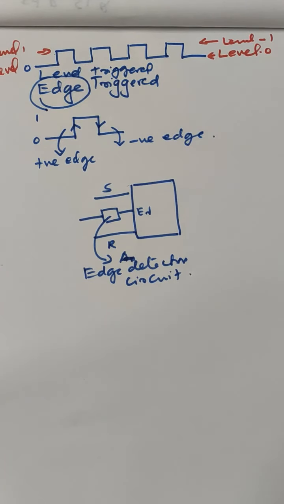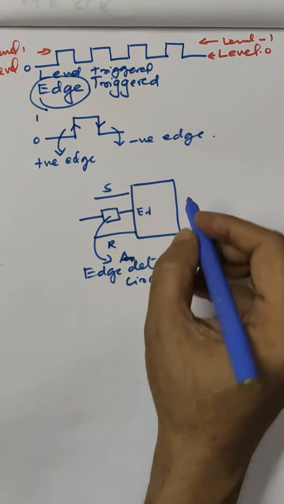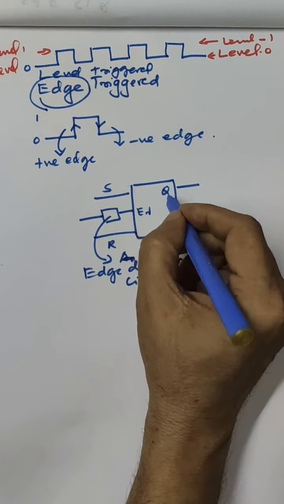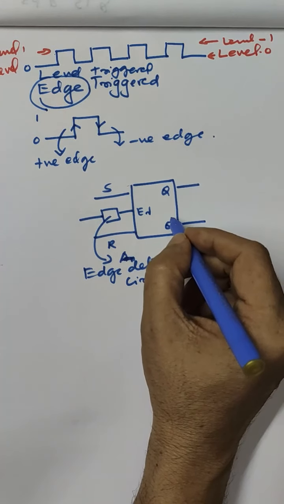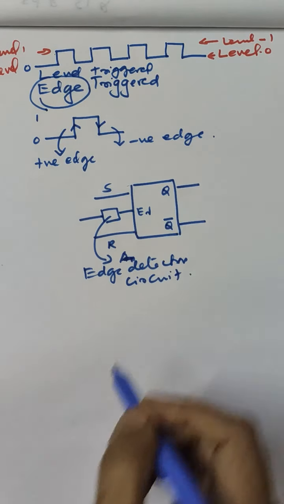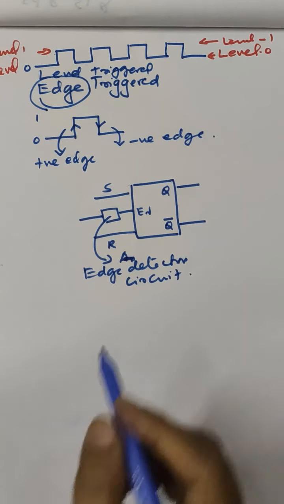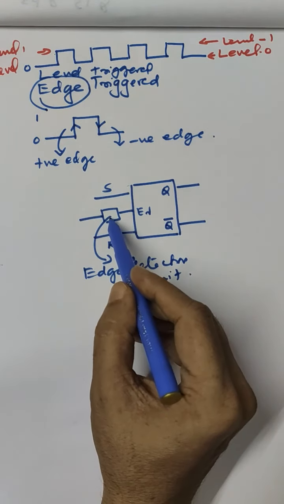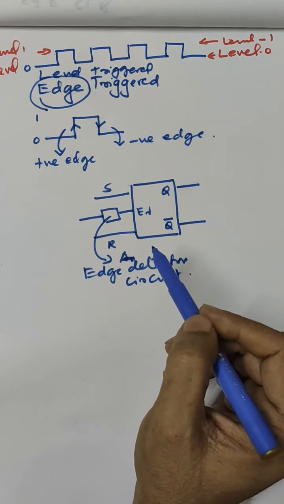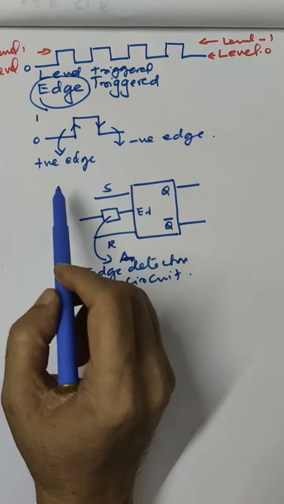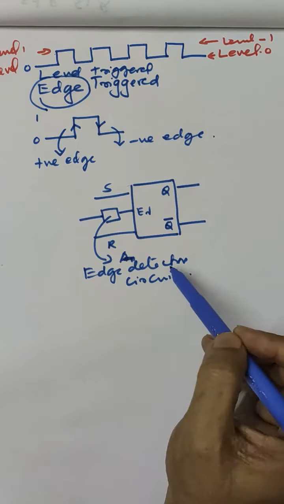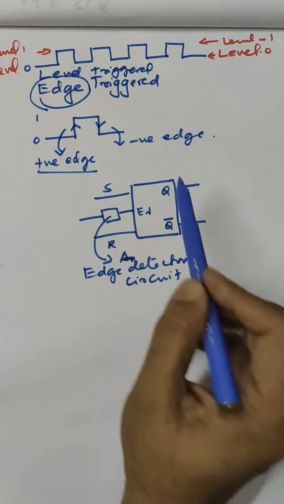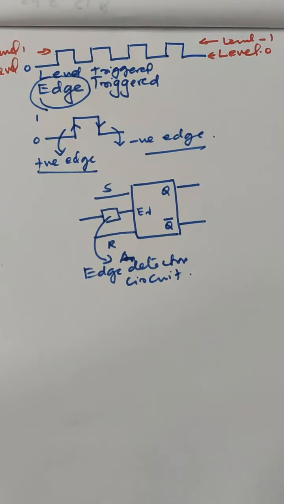So if you connect an edge detection mechanism or edge detection circuit, this is known as an edge triggered flip-flop. Since there are two edges, you can use two types of circuits, either an edge detection circuit for detecting positive edge or for negative edge.